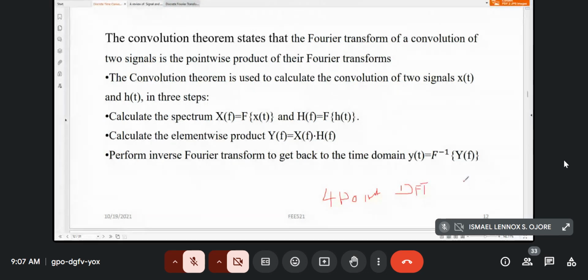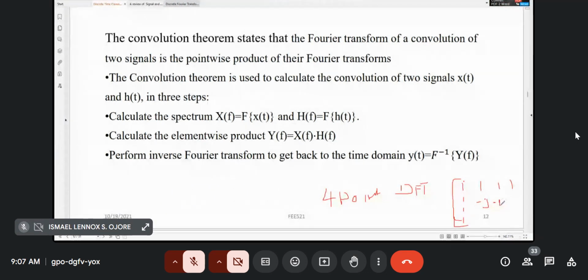The 4-point DFT, I think it is 1 1 1 1, 1, then this is minus j, minus 1, j, then this is 1, minus 1, 1, minus 1, and this is 1, j, minus 1, minus j.